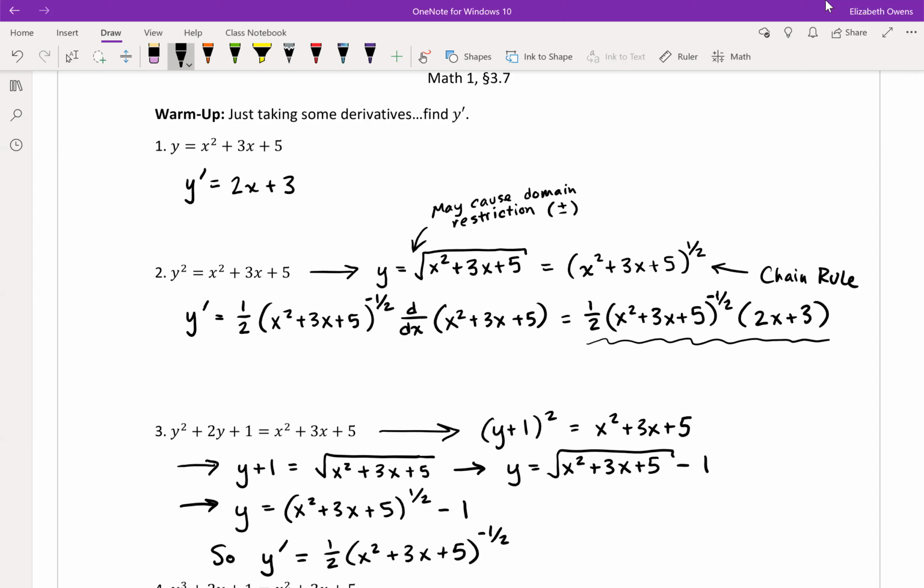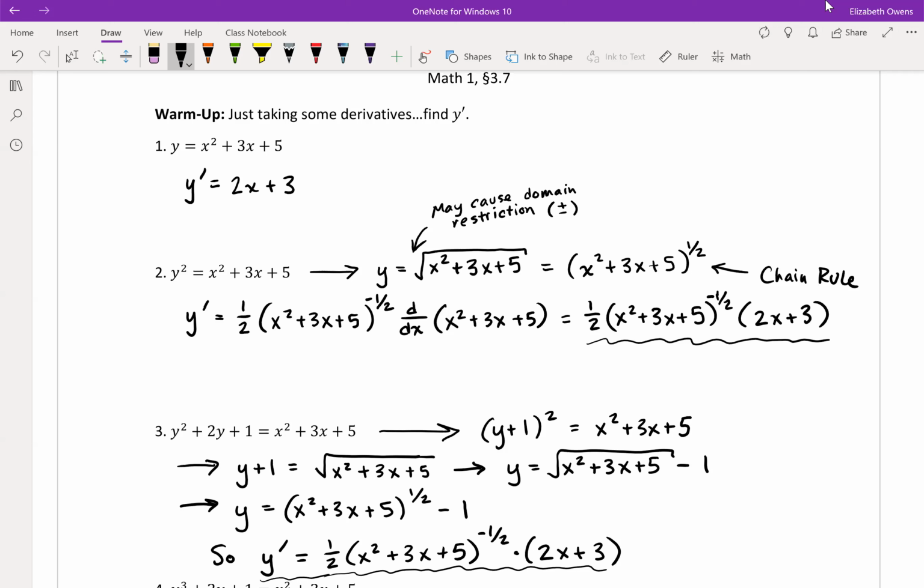And then times the derivative of the inside, which would be 2x plus 3. And then the derivative for this extra term on the outside there, the derivative of 1 is just 0, so that actually doesn't end up having an effect here. We would still get basically the same thing for our derivative.